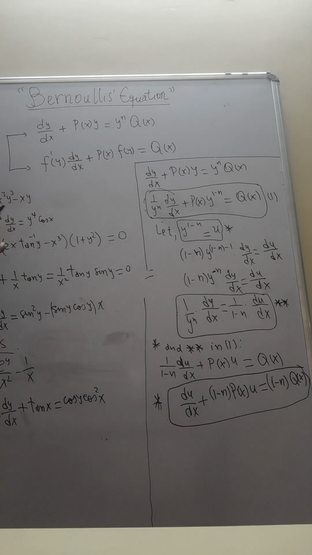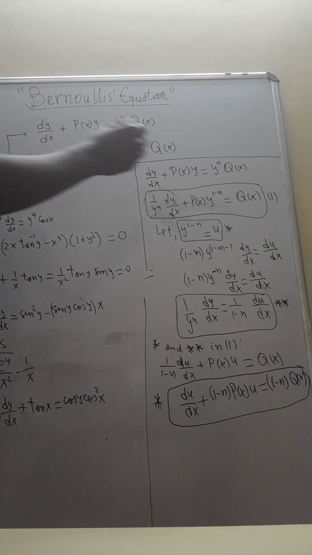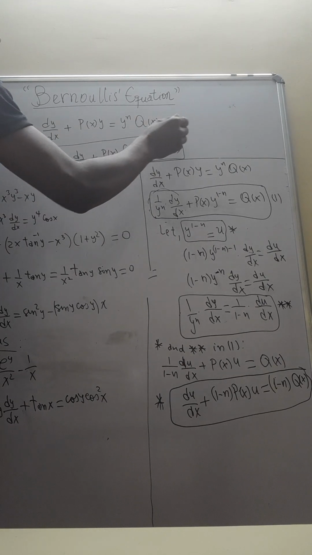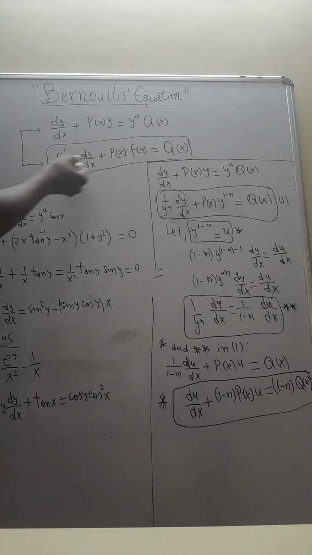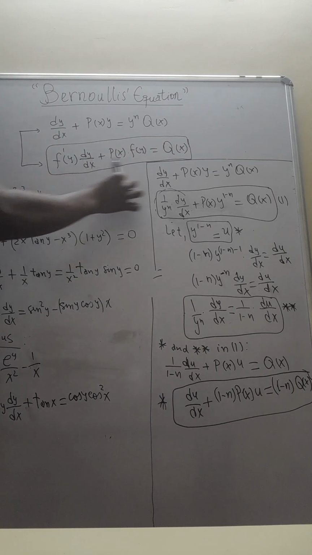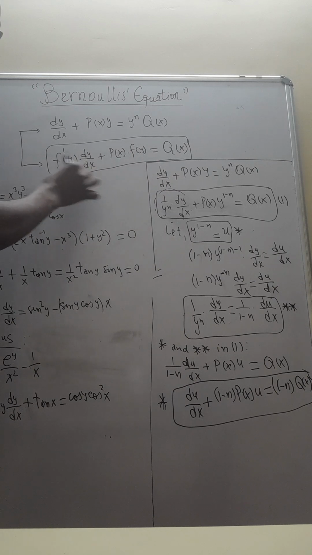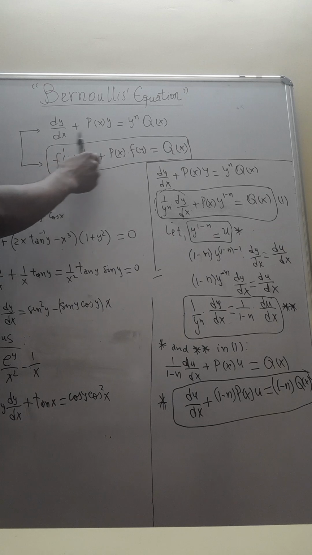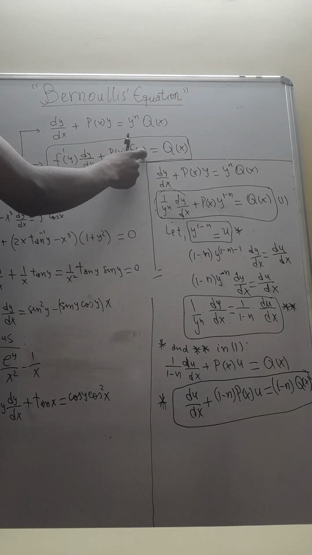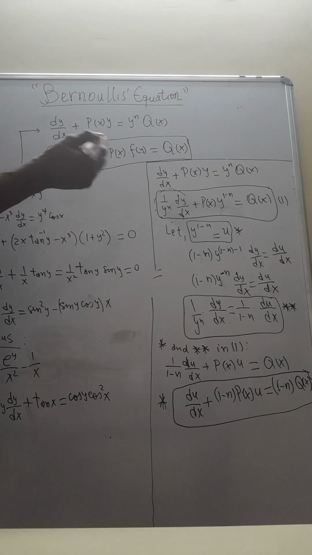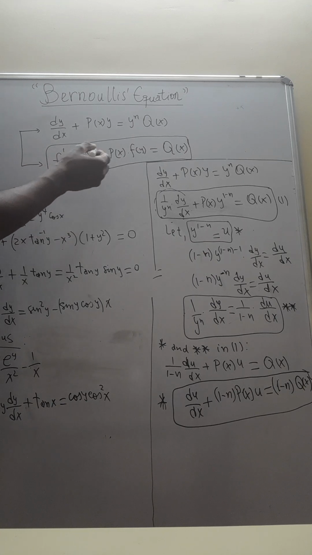This is what we mean by Bernoulli's equation. In a general way, any differential equation that you can organize in the form f'(y) dy by dx plus p of x f of y equal to q of x, just do this substitution directly.